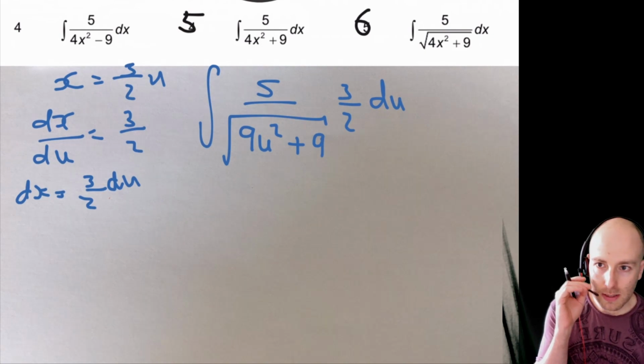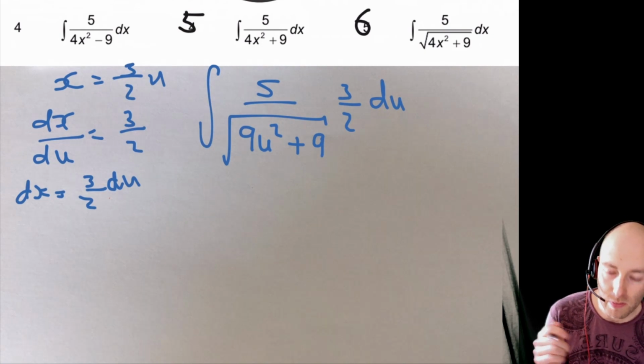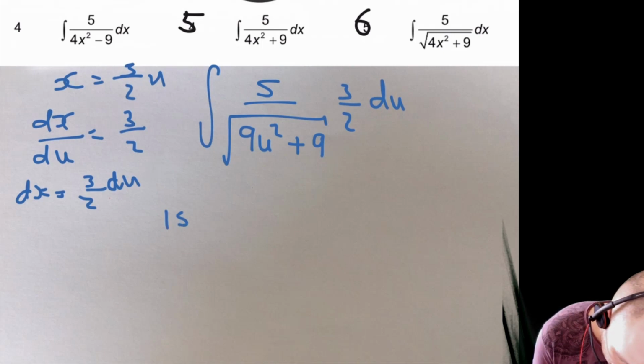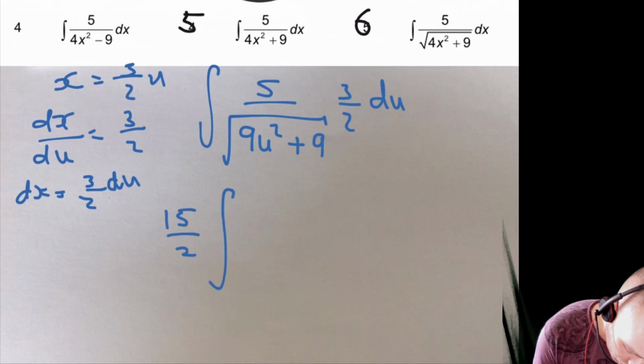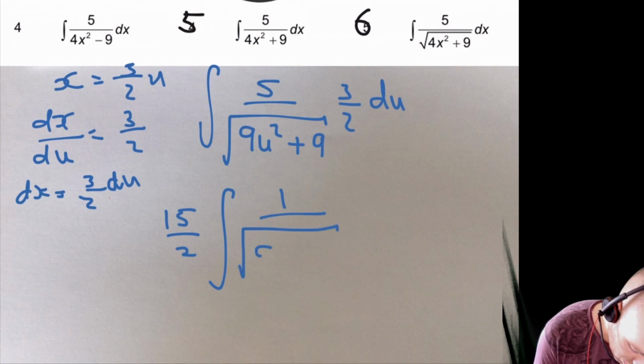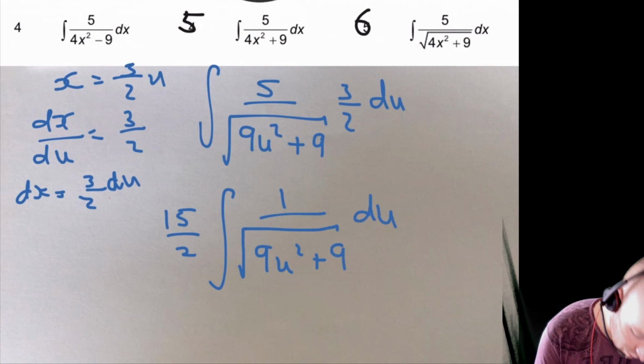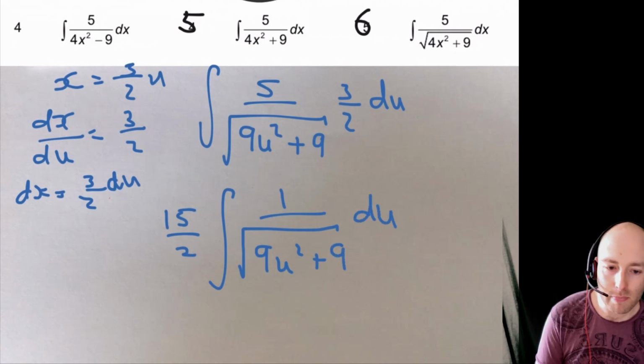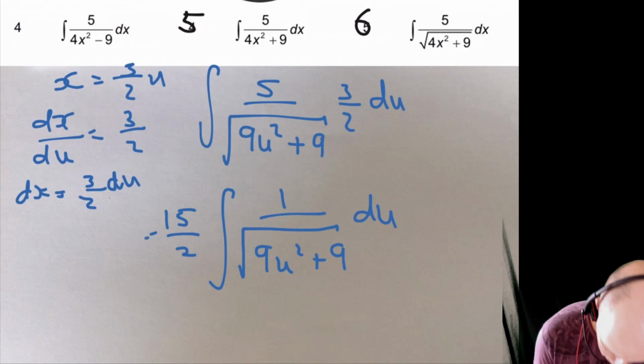So same again, I'm going to take out 15 over 2. Like this. And, well, now we can take out a factor.